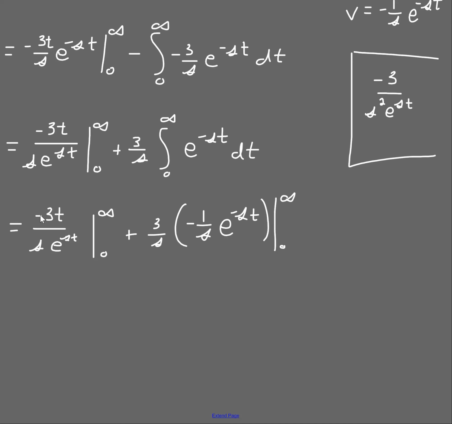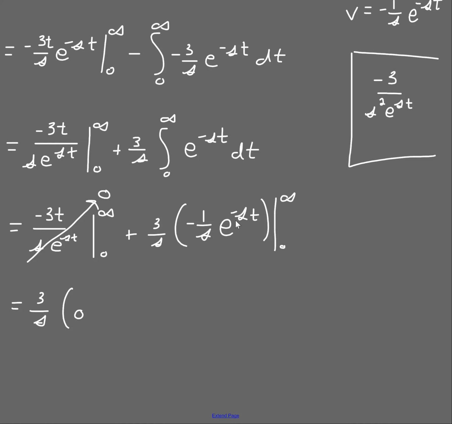So for this first part, the infinity part, when I take the limit, this expression will go to 0. And if I plug in 0 for t in the numerator, that's going to be 0 as well. So this whole term goes to 0. On the other side, e to the negative st, as t goes to infinity, is going to go to 0.